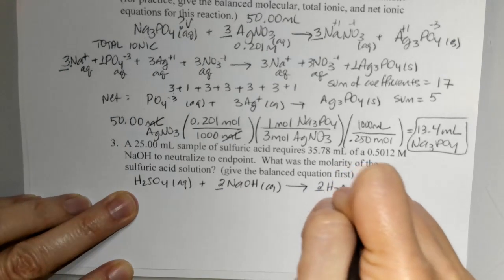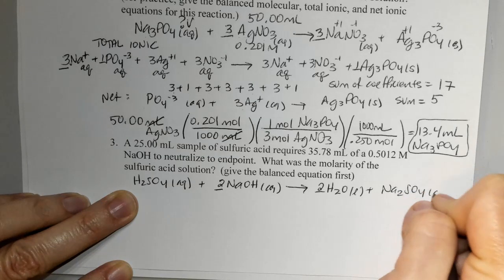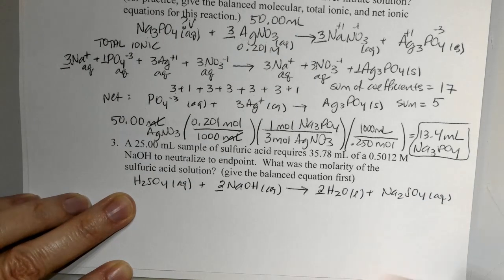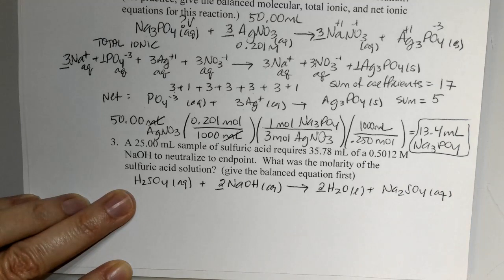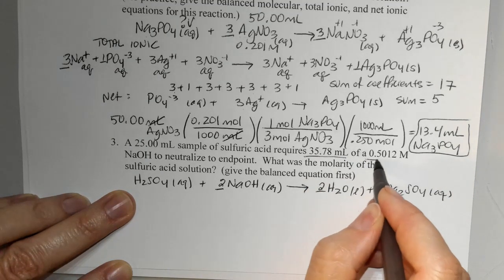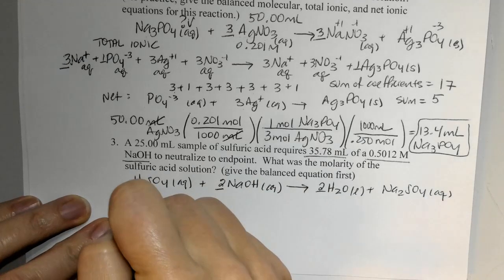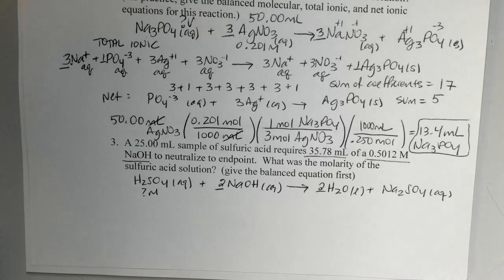We're going to make 2 waters. And then what we have left is sodium sulfate, Na2SO4. And we've got 25 mils of the sulfuric acid combining with 35.78 milliliters of 0.5012 molar sodium hydroxide. And we want to know the molarity of the H2SO4.